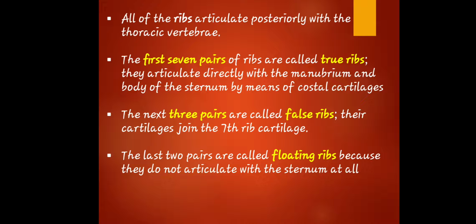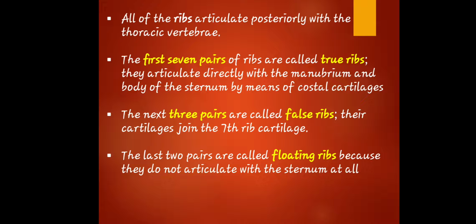And the last 2 pairs are also known as the floating ribs, which are 11 and 12. As we all know, the ribs are 12, right? The ribs are anchored posteriorly to the 12 thoracic vertebrae.